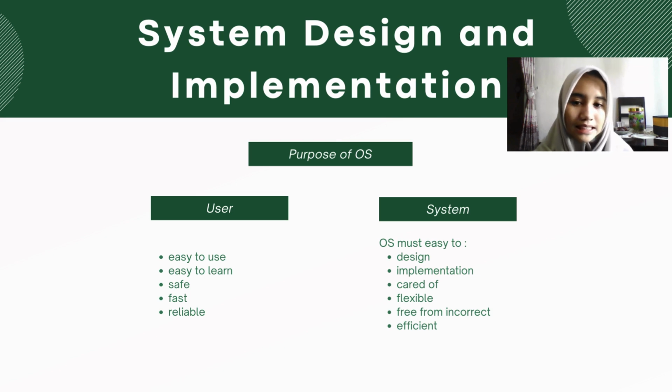The purpose of the operating system for the user is that it is easy to use and easy to learn, safe, fast, and reliable. And for the system, the operating system should be easy to design, easy to implement, easy to maintain, flexible, and free from errors. And the last is efficient. The operating system must be efficient.